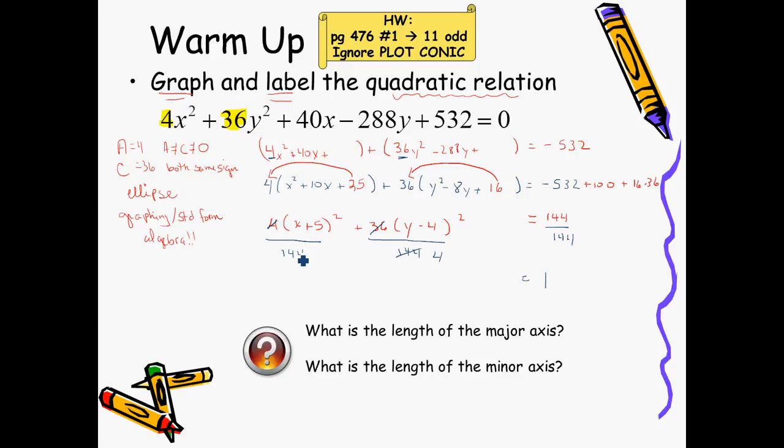So 4 goes into 144. Guess how many times? Aren't all these numbers nice, right? 36 is a perfect square. If you find yourself on a quiz or a test this unit and you don't end up with these nice integers, you've done something wrong.